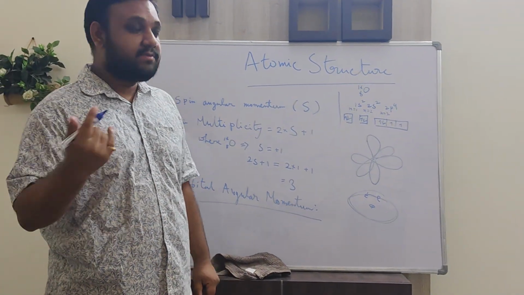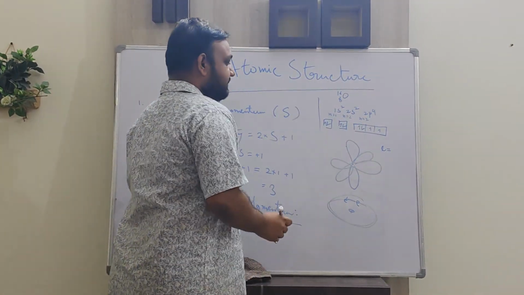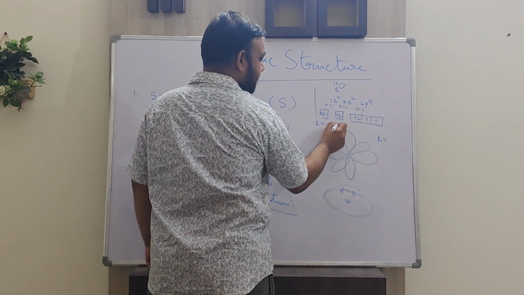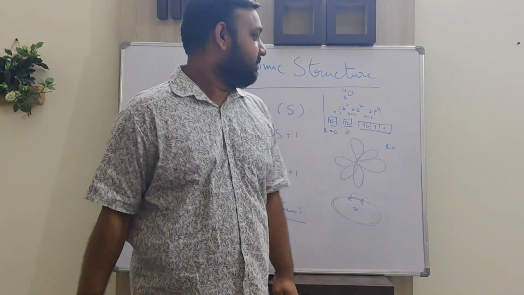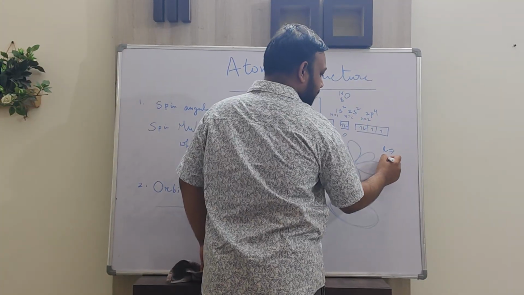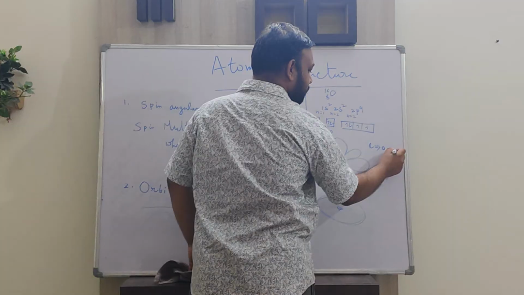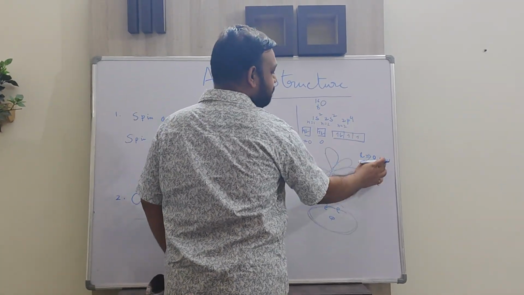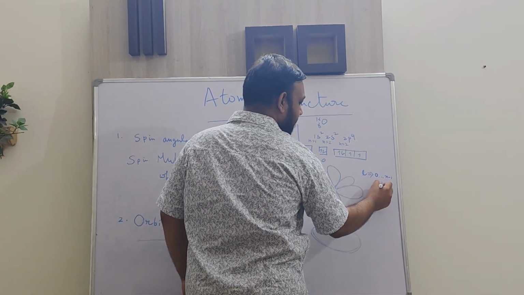Secondly, the azimuthal quantum number, represented as L. For the s orbital L is 0, for the other s orbital L is 0, but for p there are 3 different L's. L has values from 0 up to n minus 1. So here when n is 2, we get 0 and 1.